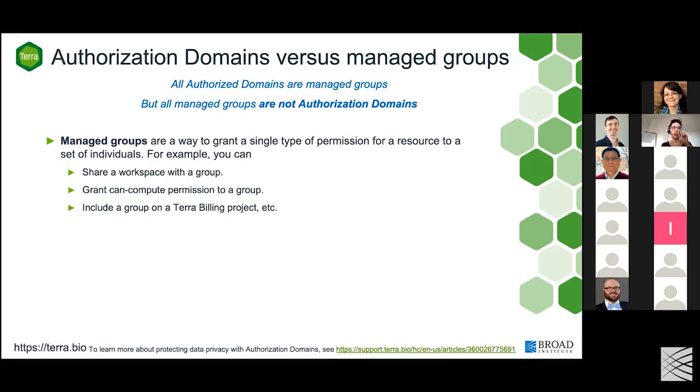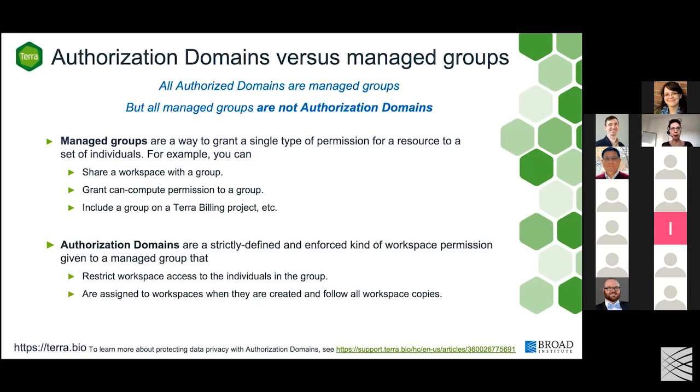You can share a workspace, grant compute permission, or include a group on a Terra billing project. And authorization domains are strictly defined and enforce a special kind of workspace permission that follows copies of the workspace to protect controlled data and all of the generated data.